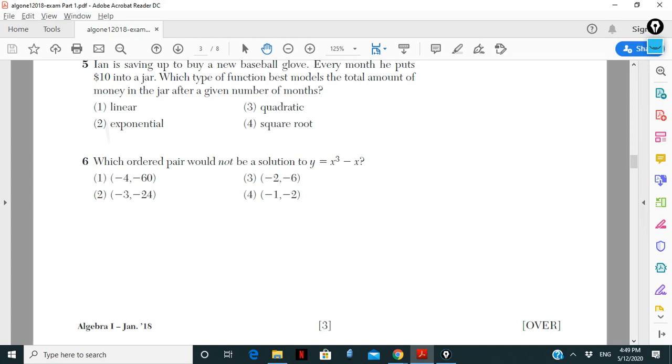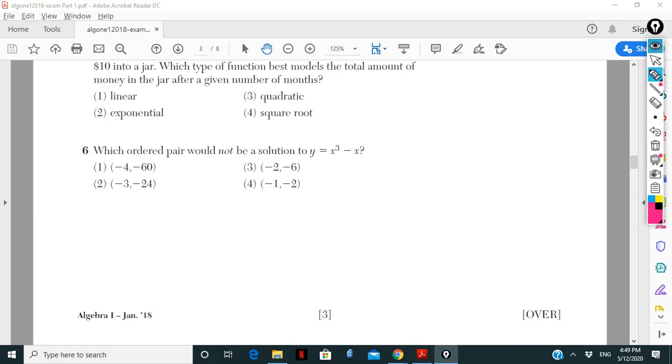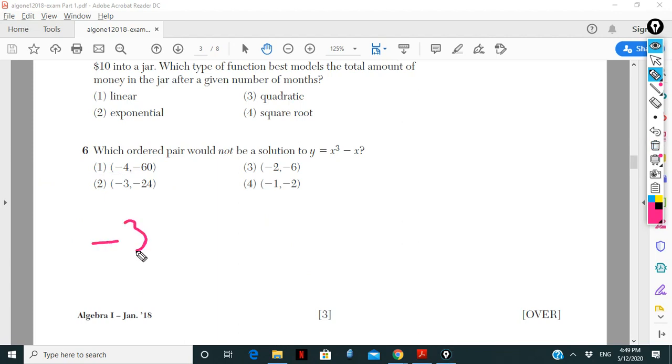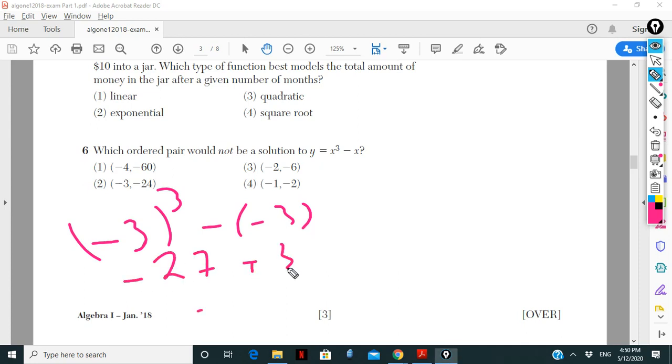Question number 6. Which ordered pair wouldn't be a solution for that equation? So what I have to do is plug in. For negative 4: negative 4 cubed is negative 64, plus 4 giving me negative 60. So number 1 is correct. Now I'm going to check number 2. Negative 3 cubed is negative 27, plus 3 giving me negative 24.